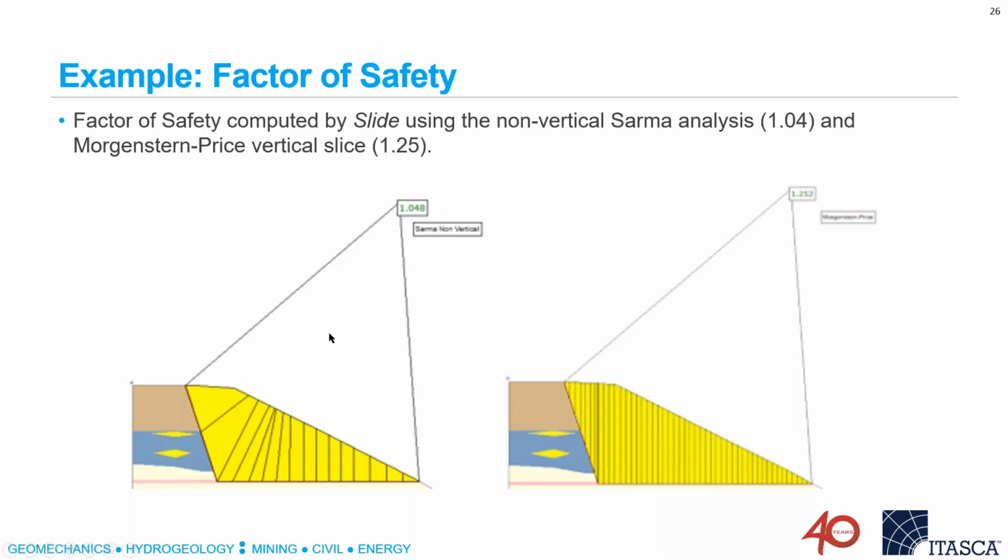And the reason is that in this particular geometry, very often you end up with an internal failure surface that is inclined, and you end up with an active block at the back and a passive block in front that typical limit equilibrium methods just cannot capture.